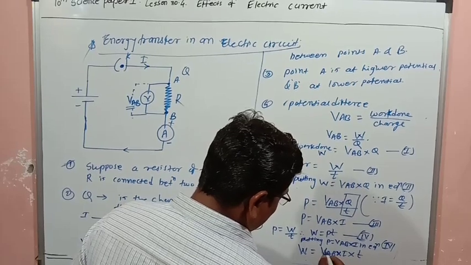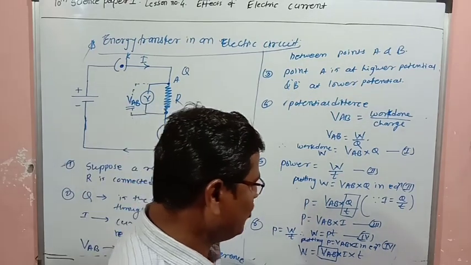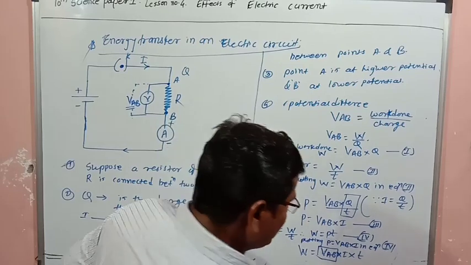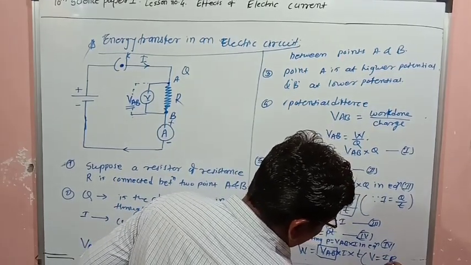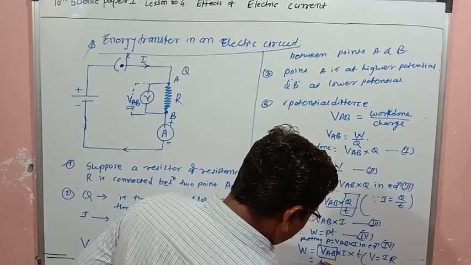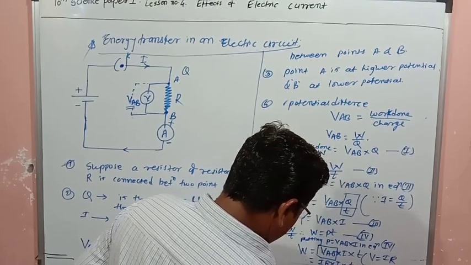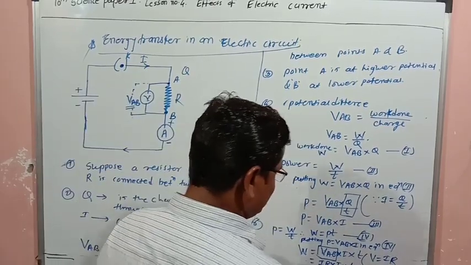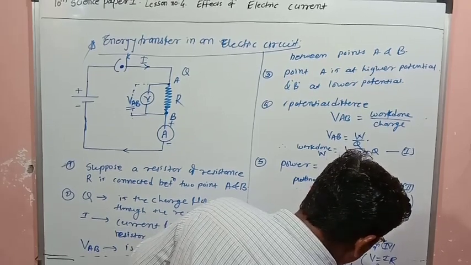After this, we know according to Ohm's law, V is equal to IR. So instead of VAB, we write IR into I into T, and W is equal to I square RT.